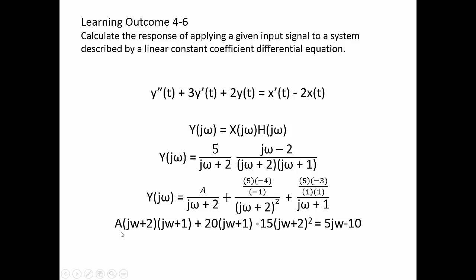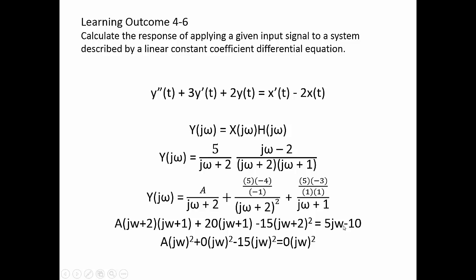Okay, what's that a value going to be? Well, let's look at how many j omega squareds we have in each of these terms, because j omega squared is pretty rare in this example and easy to get to. In this term, we have a of them. Just multiply that out. In this term, we don't have any j omega squareds. In this term, we have negative 15 j omega squareds.